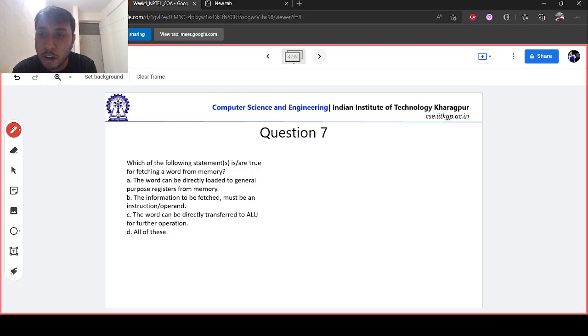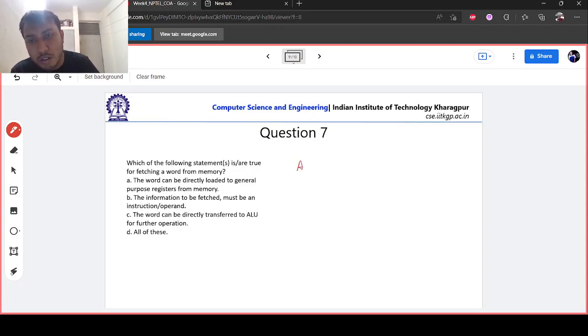Option B is the information to be fetched must be an instruction or operand. Option C is the word can be directly transferred to ALU for further operations, and option D is all of the others. So let's work by elimination.